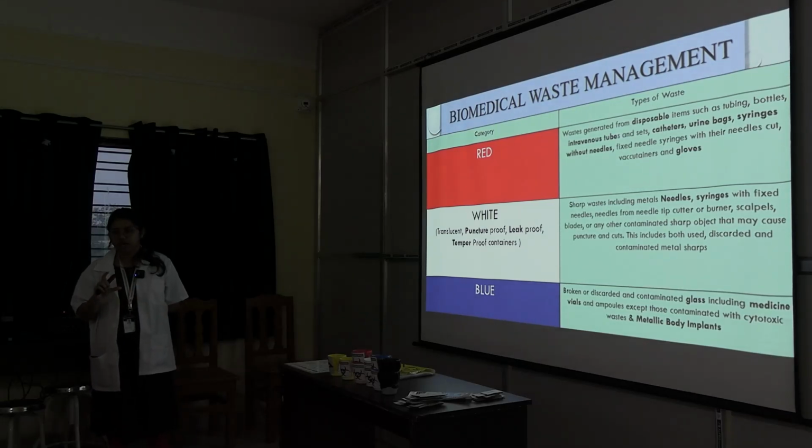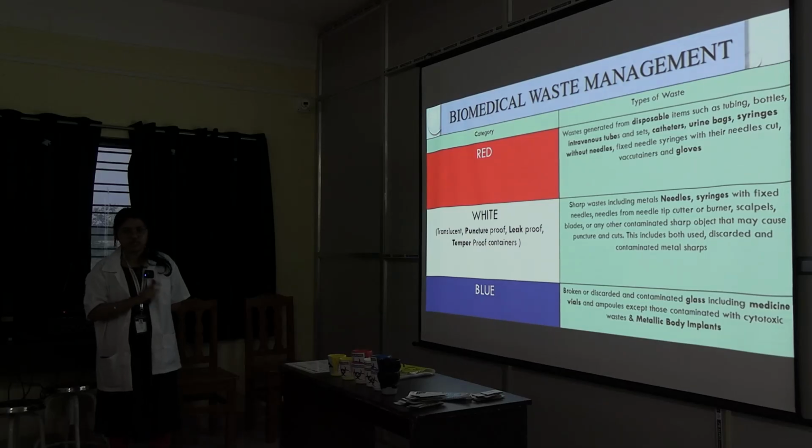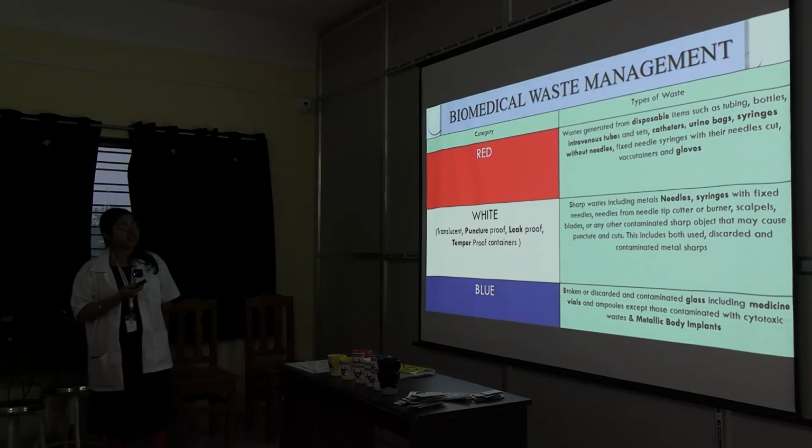Syringe is made up of plastic, so we will throw it in the red bin. And if the syringe has a sharp needle fixed in it, then the needle will be thrown in the white bin. You remember this. And vacutainers and gloves.